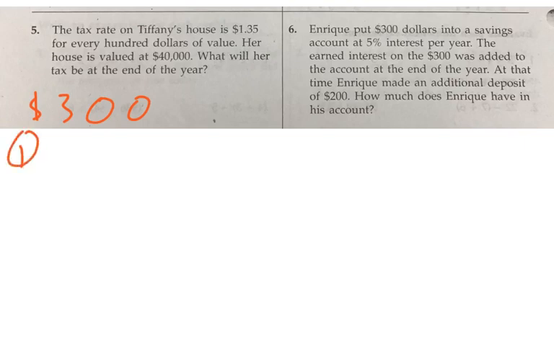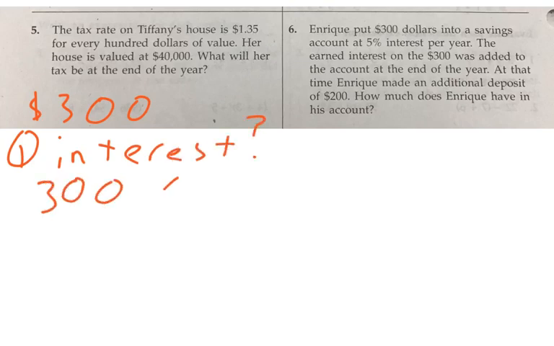So first off, I got to figure out what interest is. And the way that I do that is I take 300 and I multiply it by 5%. And I get 15 when I do that. So that is the interest that he has earned in his savings account.